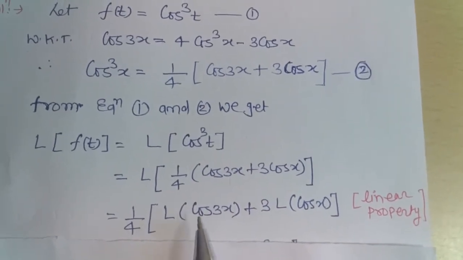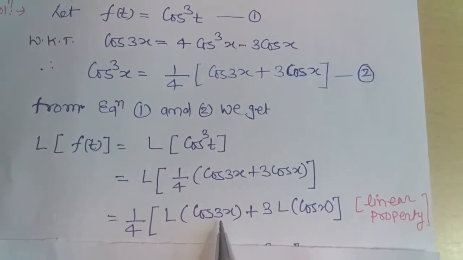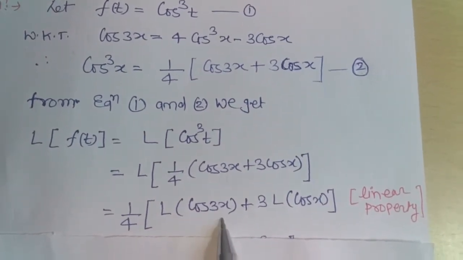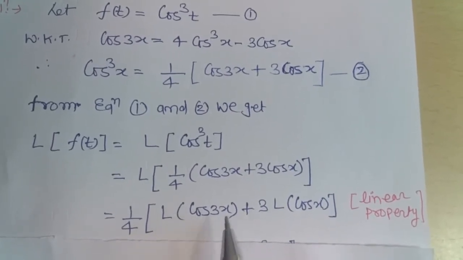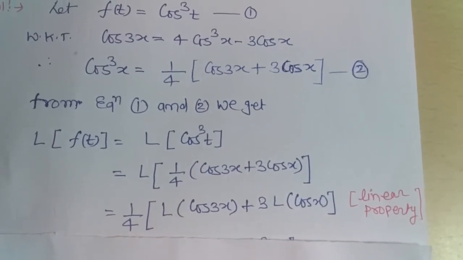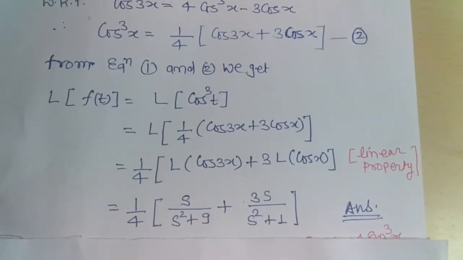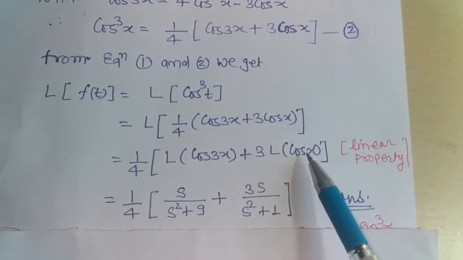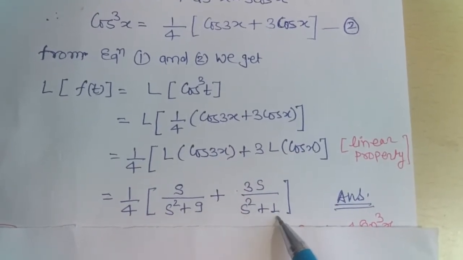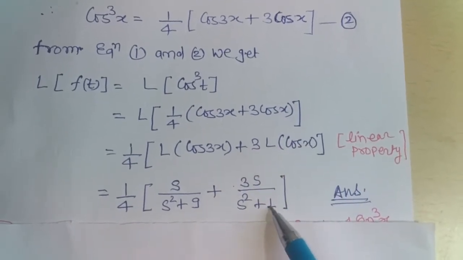Now Laplace transform of cos 3x is s upon s square plus 9 using the formula that Laplace transform of cos ax is s upon s square plus a square, and here 3 into Laplace transform of cos x is s upon s square plus 1, because a is 1, so a square is 1.